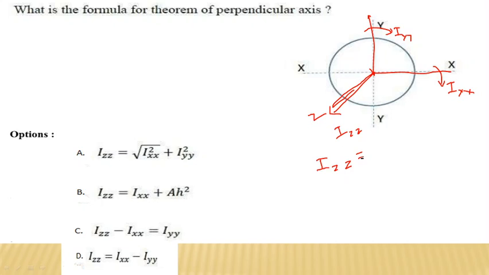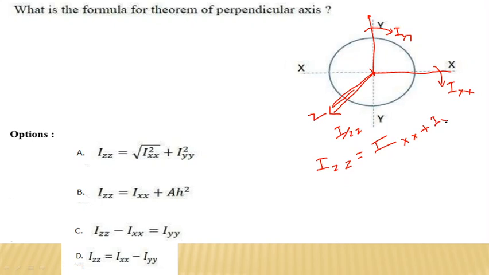That is the statement of the perpendicular axis theorem. So Izz is equal to the sum of the moments of inertia about the x axis and y axis, that is Ixx plus Iyy.